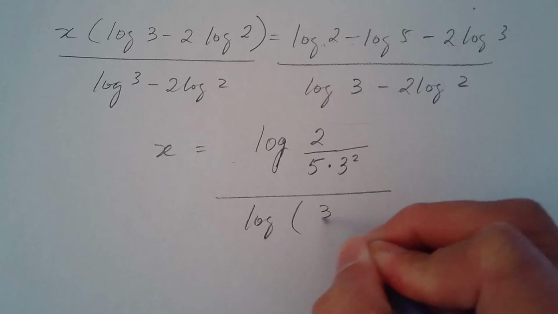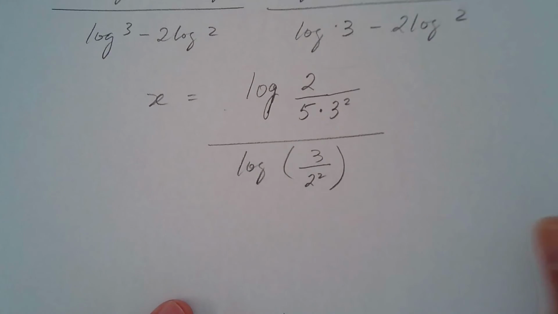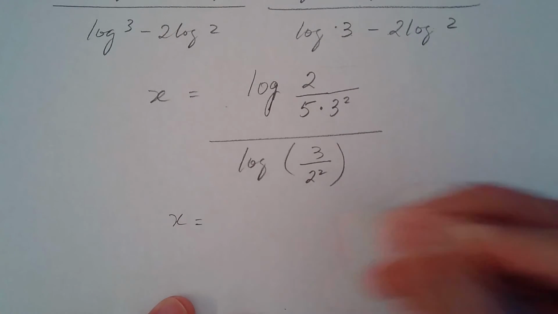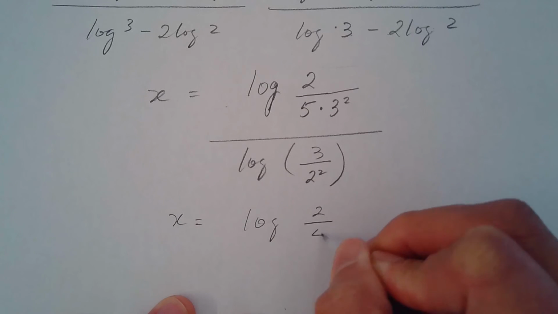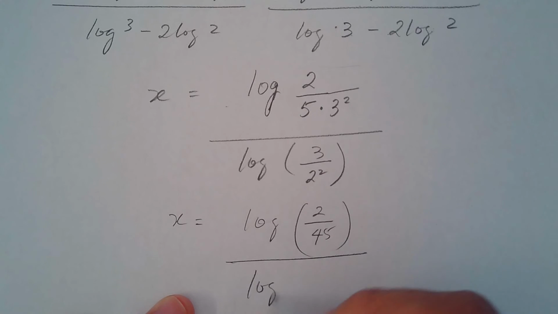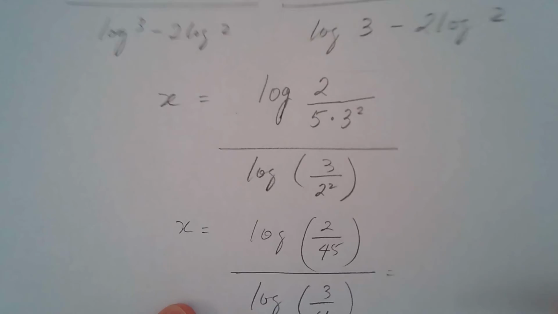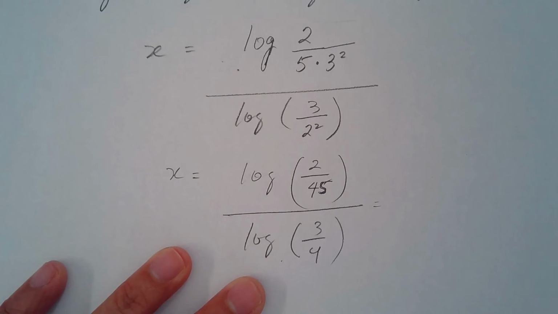That becomes 3 over 2 squared. So if you want something a little bit simpler to type, that becomes log of 2 over 45 divided by log of 3/4. Okay, now go ahead and type this up and see if we're going to get the same answer. 10.823.